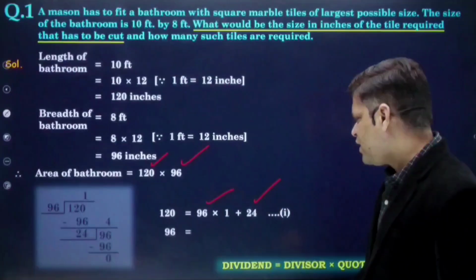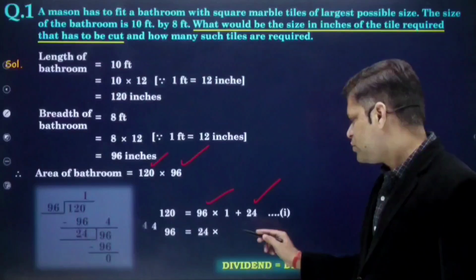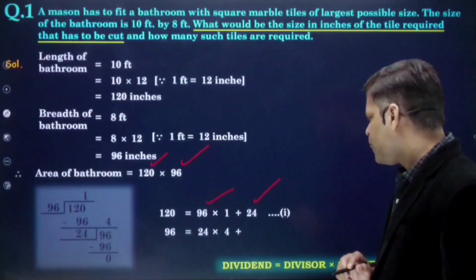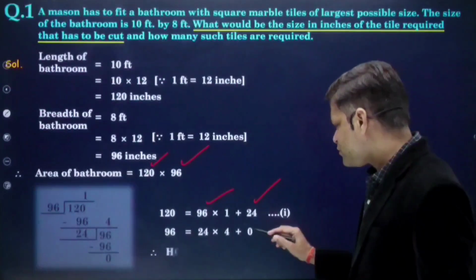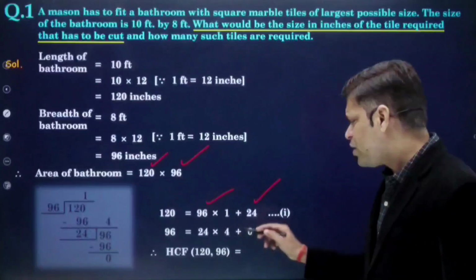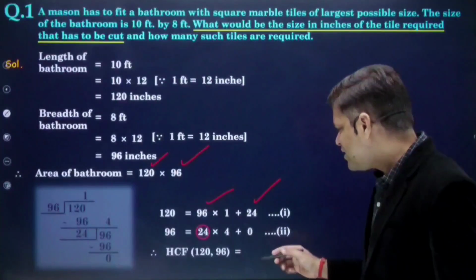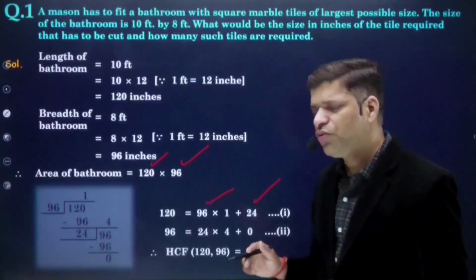We can check that 96 can be written in the form of 24 into 4 plus 0. So the HCF of 120 and 96 is the last divisor, 24. So this will be equal to 24.